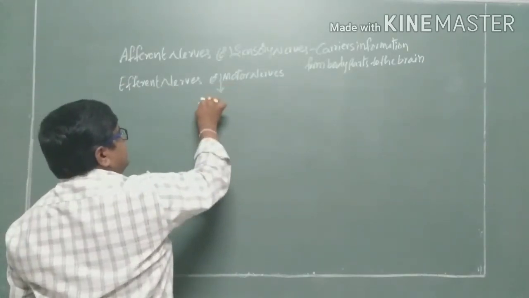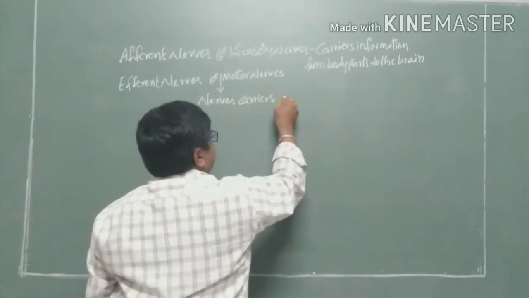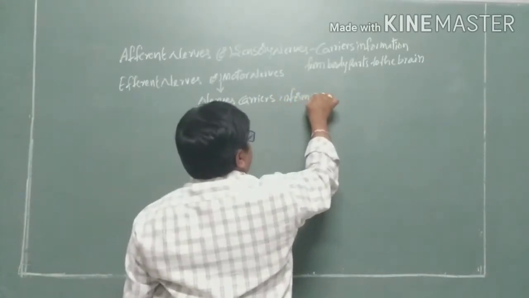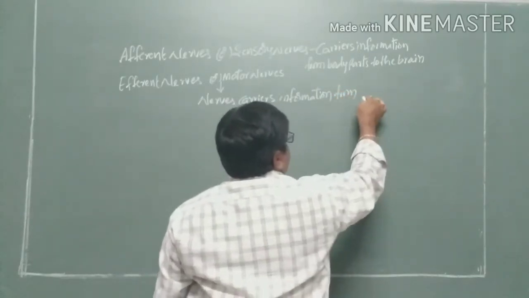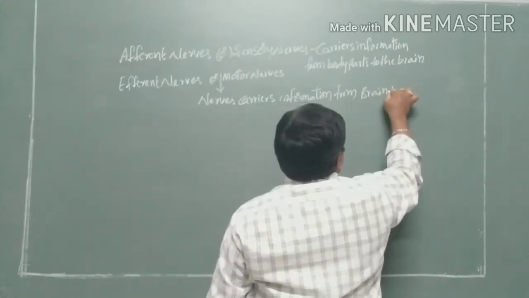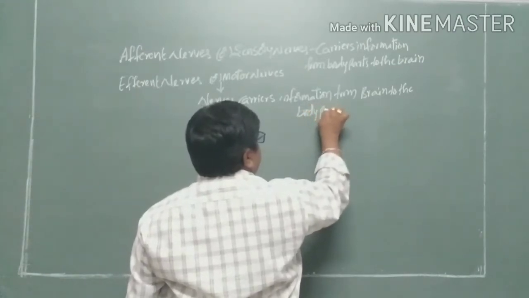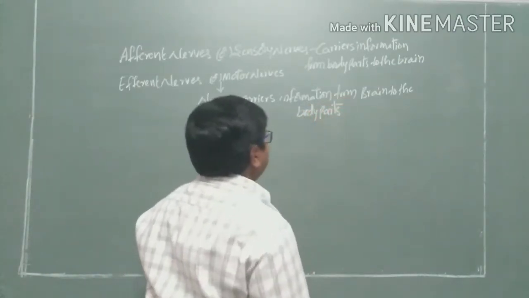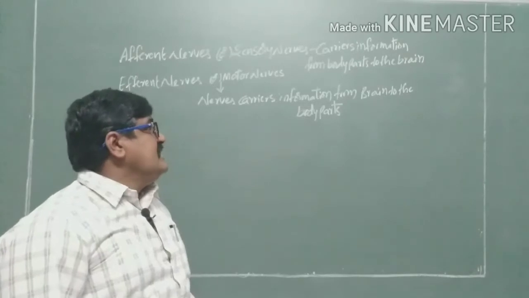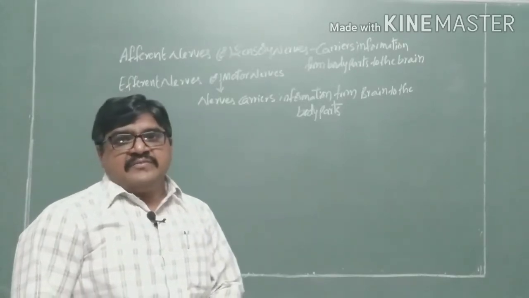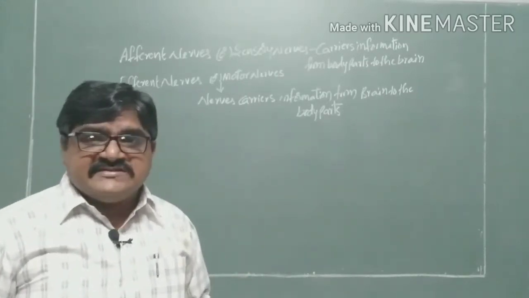The nerves which carry information from the brain to the body parts are called efferent nerves, or otherwise motor nerves. So there are two types of nerves.